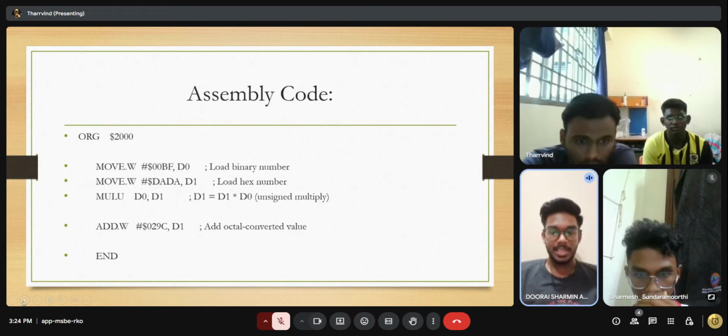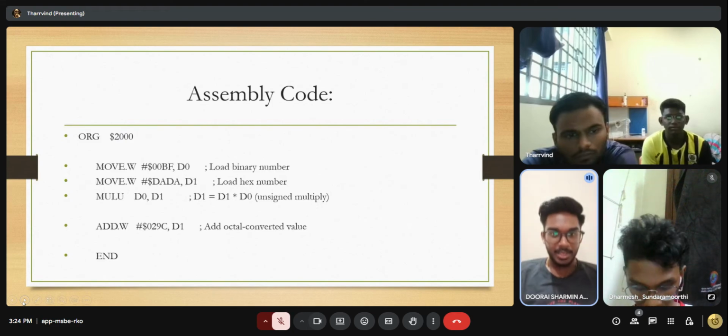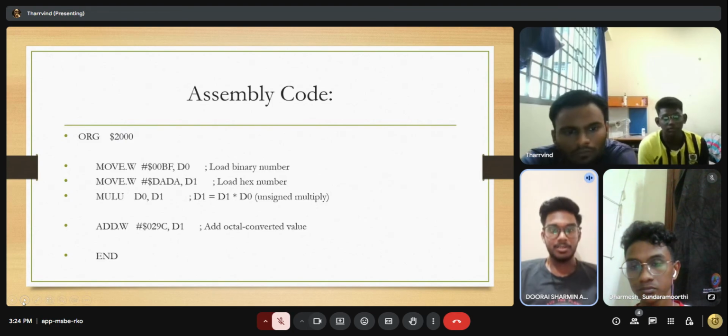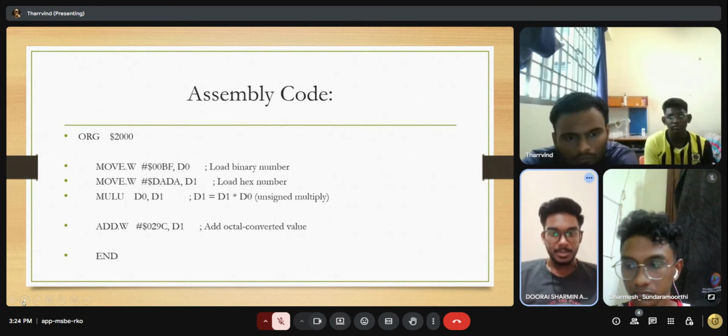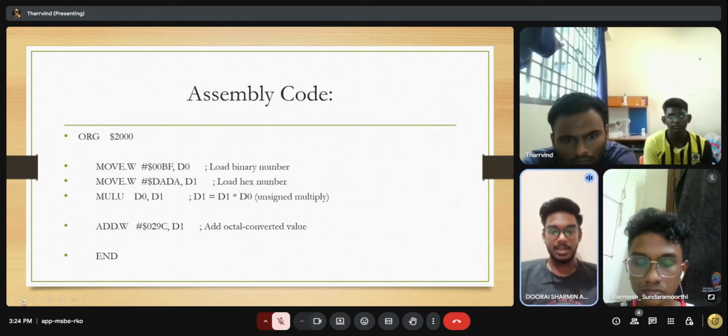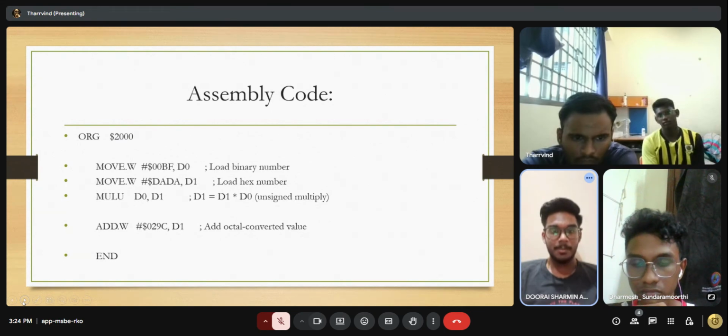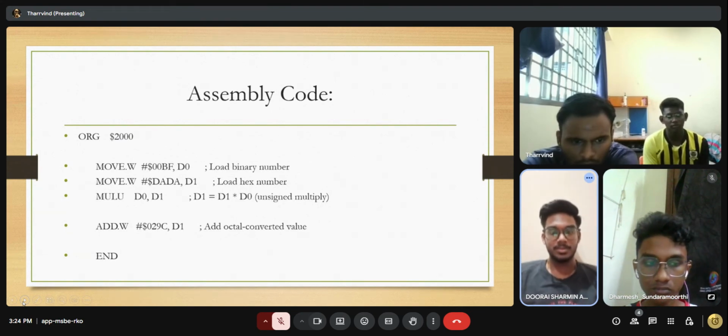MOVE.W #$DADA, D1 loads the hexadecimal number, and then MULU D0, D1, so D1 equals D1 multiplied by D0, which is an unsigned multiply. Now ADD.W #$029C, D1 adds the converted octal value.